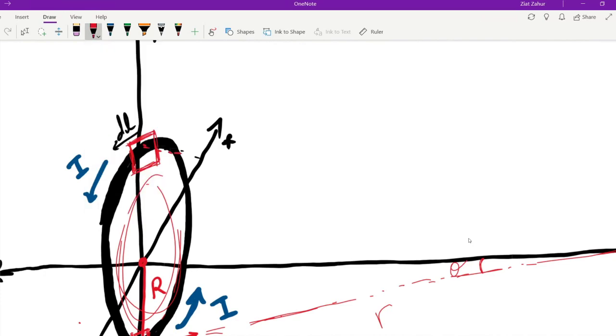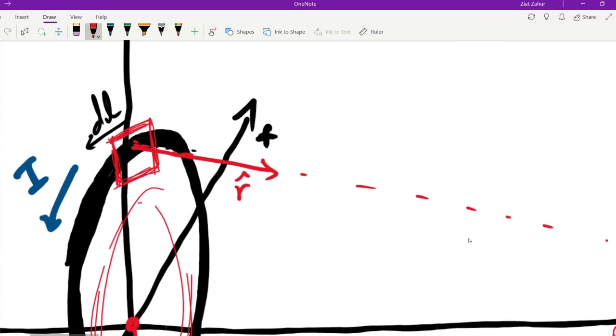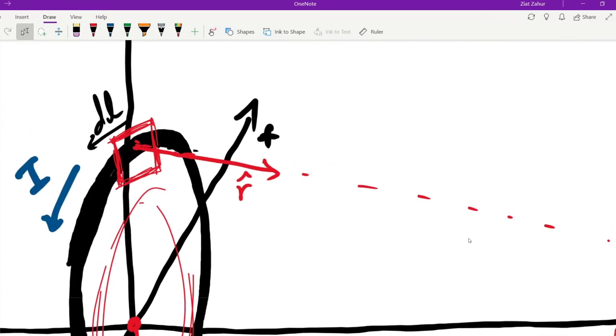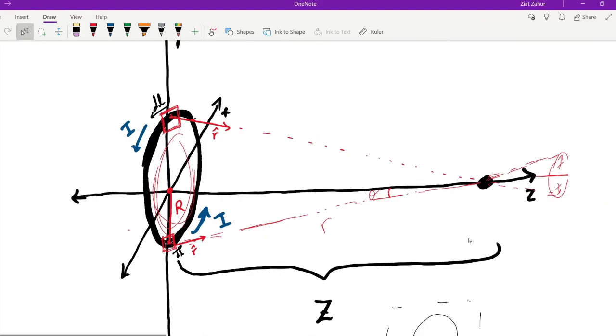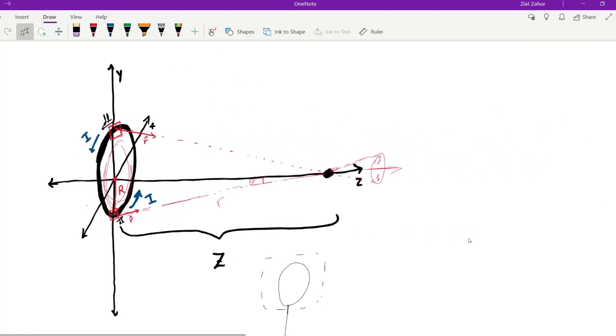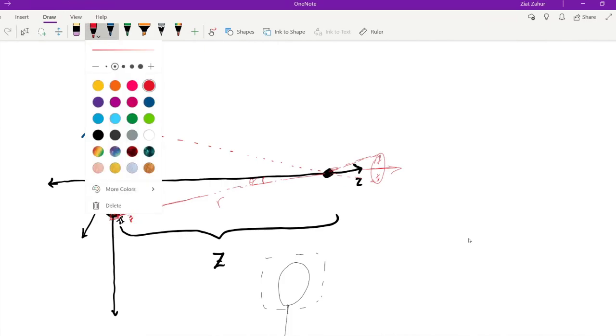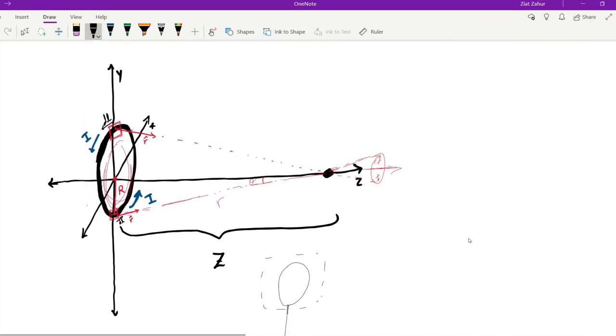So we draw a line that goes from our infinitesimal amount of dl towards our dot, and our r hat vector would be this way. Okay, so now we need to use our Biot-Savart law to add up all of the infinitesimal magnetic fields that we get from each little chunk.